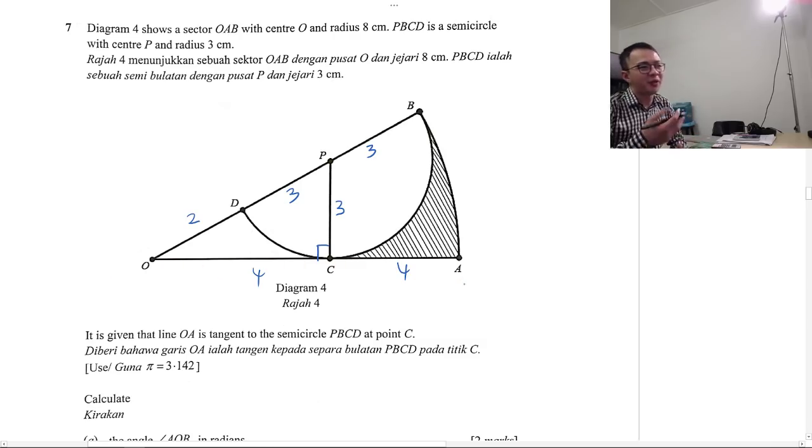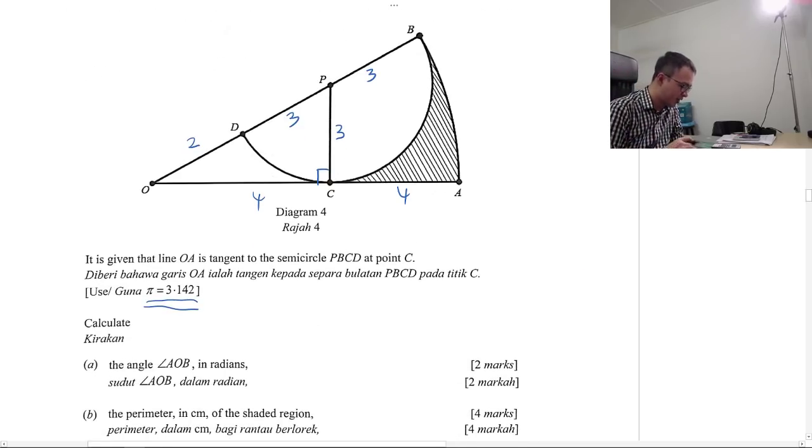Normally when I have the information, I will quickly solve out the things first, then only I start to do the question. And very important, pay attention, they say pi is equal to 3.142, so you have to use this one to solve this question. The first thing is they ask me to find the angle in radians, angle AOB. Basically, they're asking me to find this angle. Then I can use sine, cos or tangent.